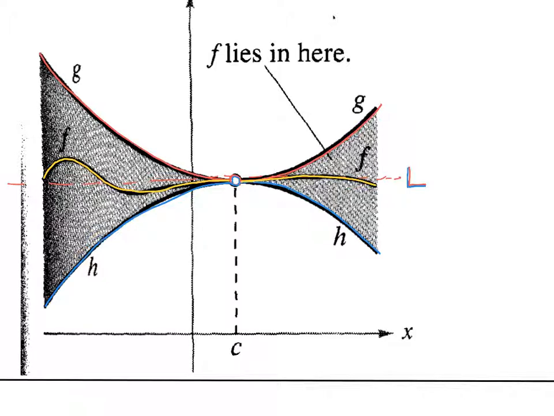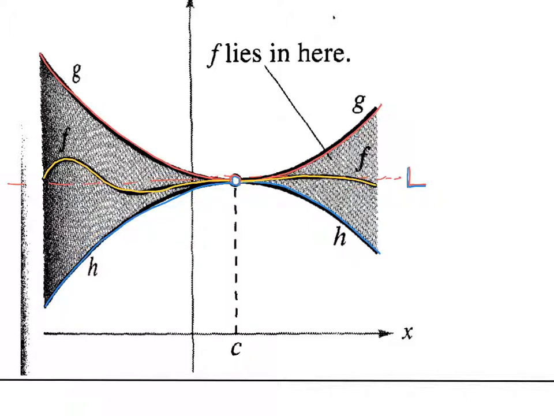It's in between them both. It's always in between them. Okay? Now, it's possible that f could come up and actually touch one of them, but it'll never go above. Okay, that was one of the parts of the squeeze theorem. It always has to be between or equal to those two functions.